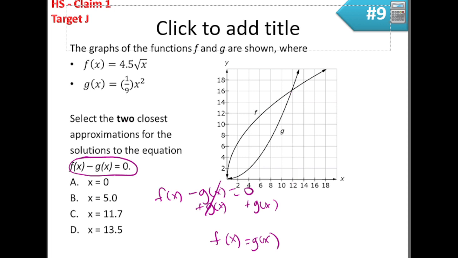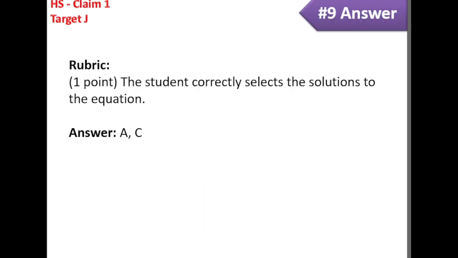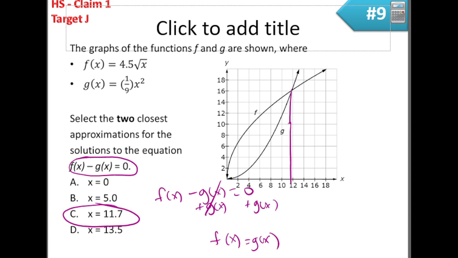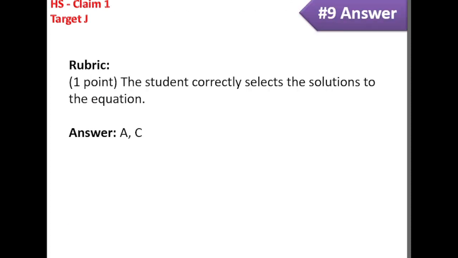Oops, it's not exactly at 12, it's right before 12. So that's 11.7. Oh, sorry. It's also here at 0. It does say 2 closest approximations, so it's from here, and also they meet here, so don't forget that.